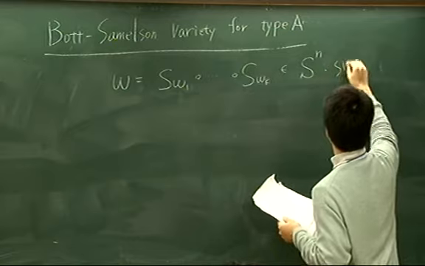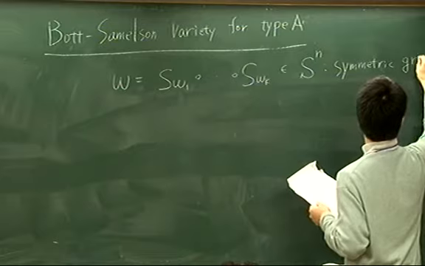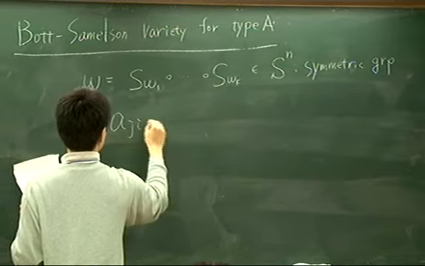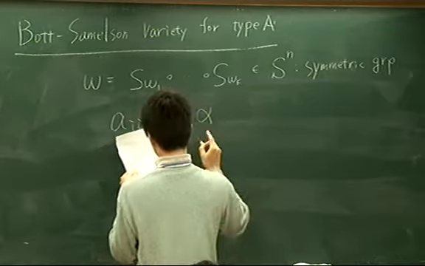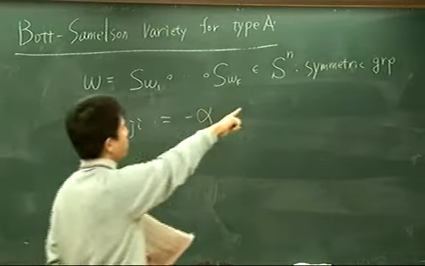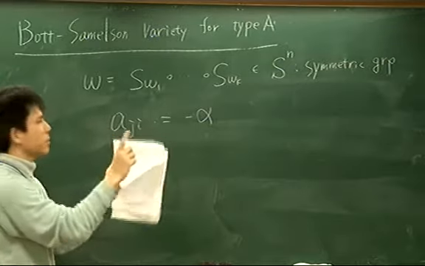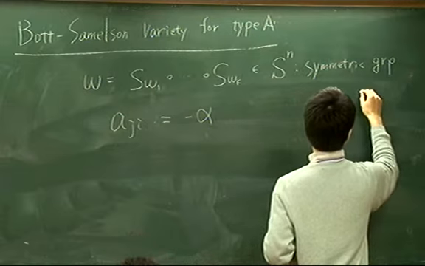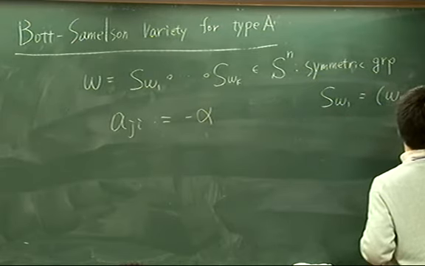Put a_ji as the Cartan number. Sorry, this notation I have to explain. A symmetric group element can be written as a composition of simple transpositions, just s_i, the simple transposition of i and i plus 1.